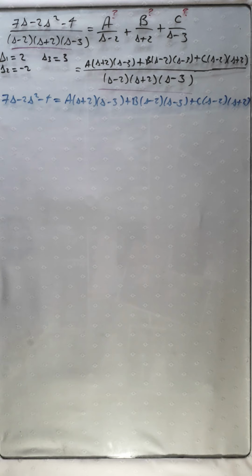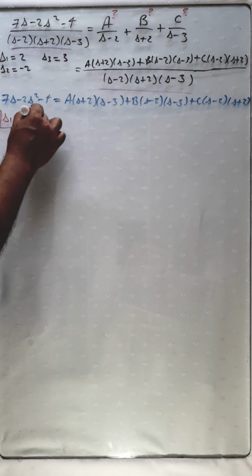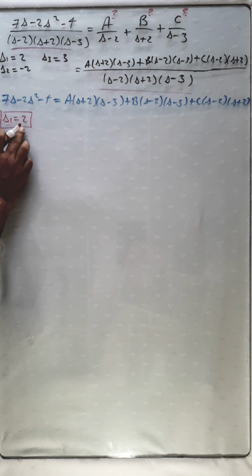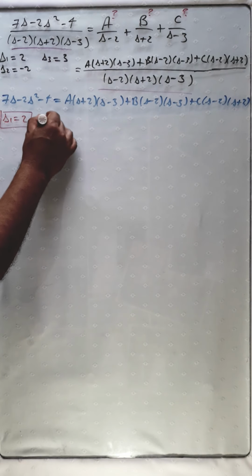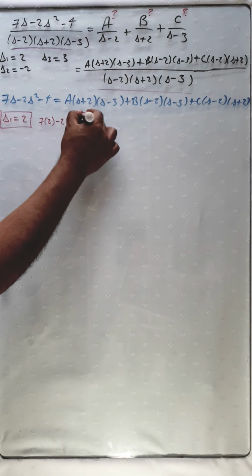Now, to make this easier, I'm going to choose s1 equal to 2. What is the advantage of taking s equal to 2? Well, if you replace s equal to 2, here it is going to be 7 times 2 minus 2 times 2 squared minus 4.